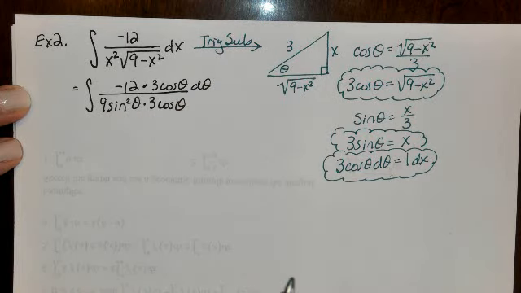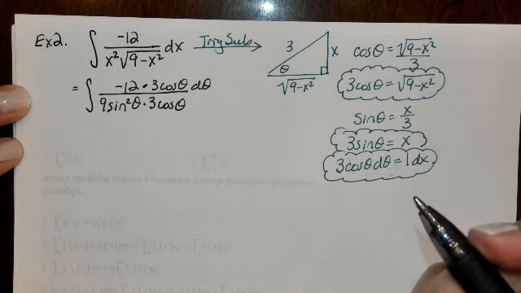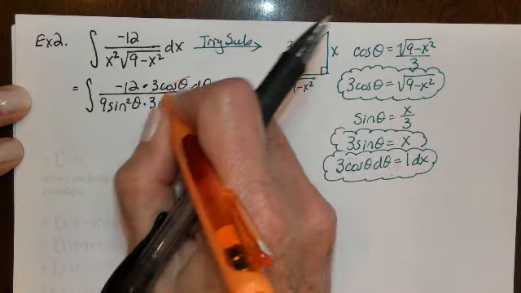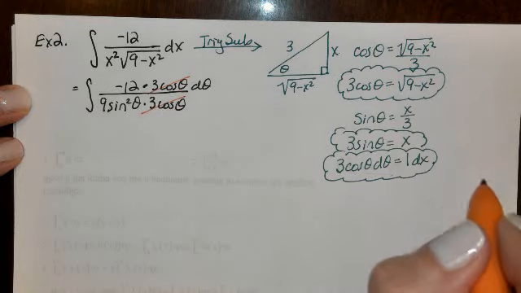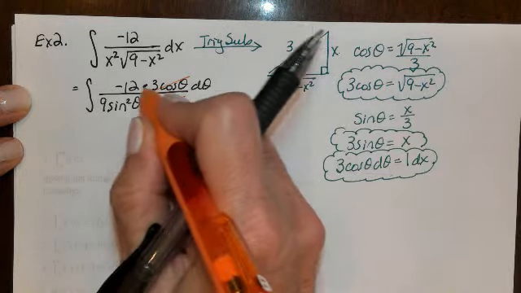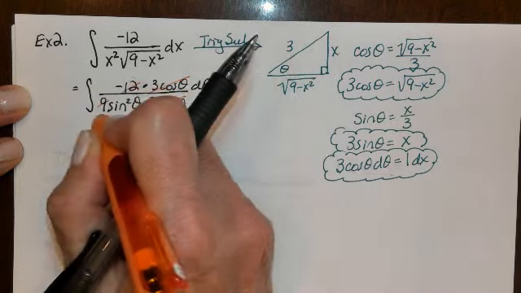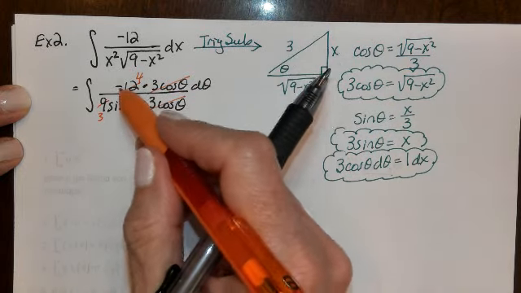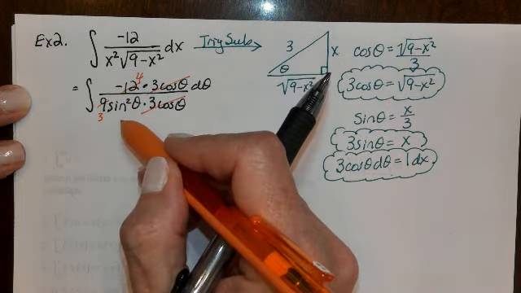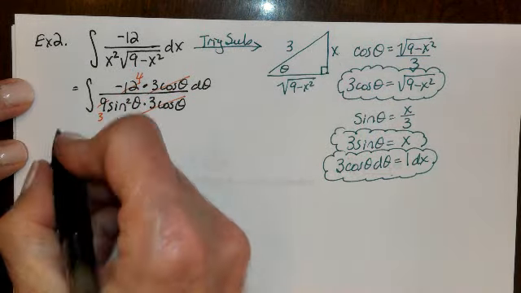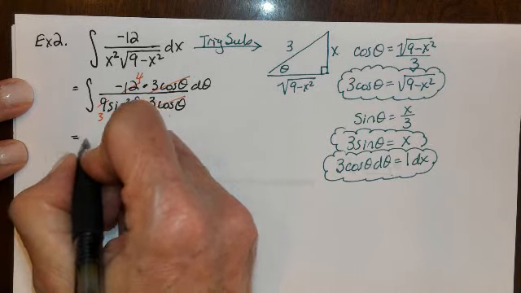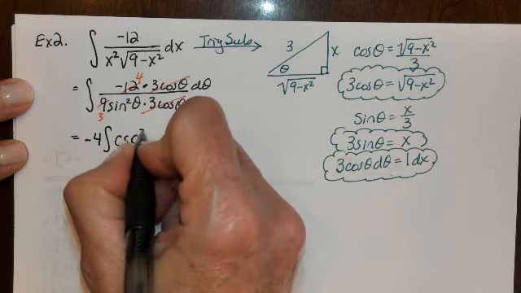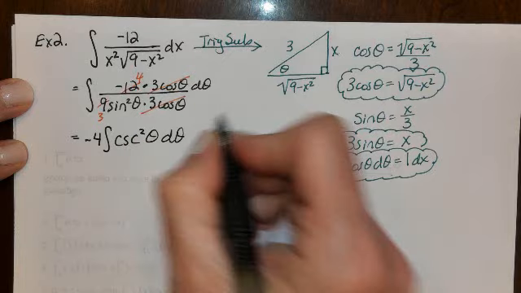Okay? So what happens here? Some nice things happen, don't they? The 3 cosine theta and the 3 cosine theta cancel out, and the 12 and the 9 reduce, and then I'm just left with negative 4 over sine squared, and that is negative 4, which I'm going to pull out, cosecant squared d theta.